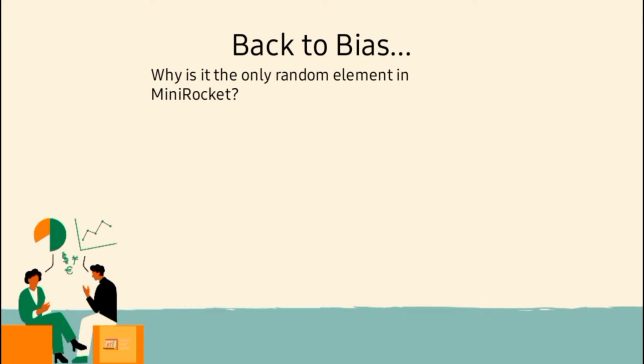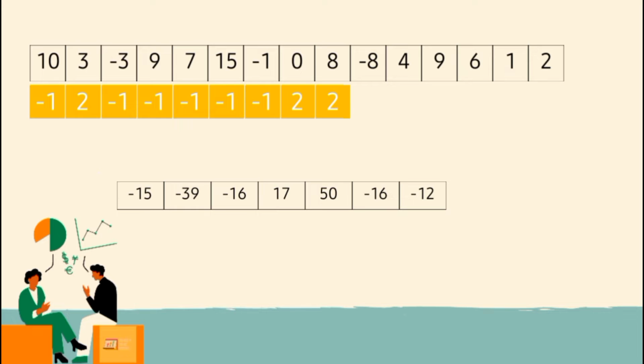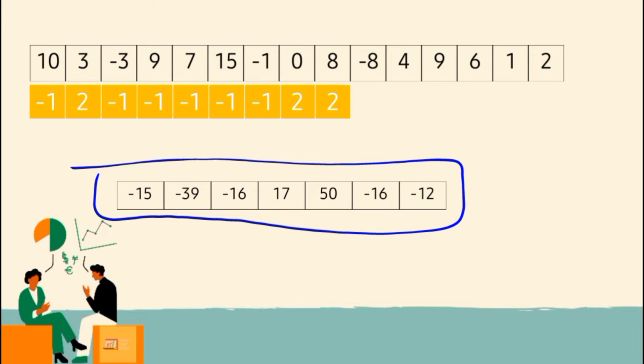As I said earlier, bias values are the only random element because we have to randomly select one training element. Let's say that this is the convolution output obtained from this randomly selected training example.